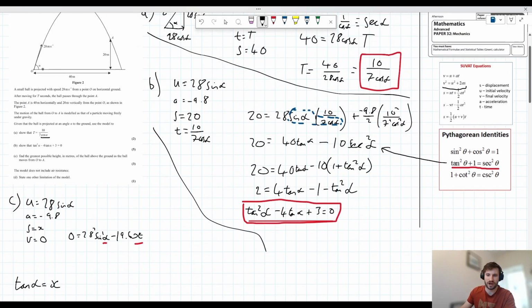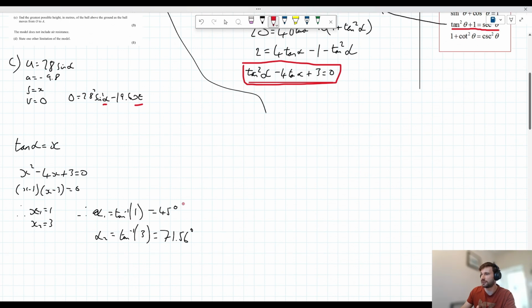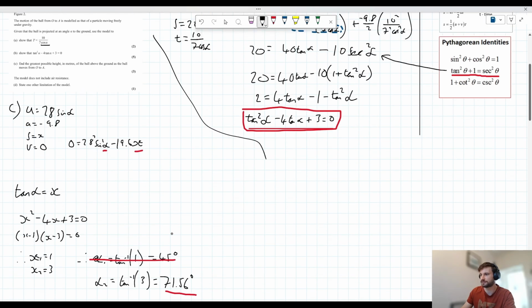Okay, so we can assume, seemingly by looking at the graph, we know that that's not a 45-degree angle, right? So I'm going to rule out that alpha is 45 degrees here, and we're going to take this 71.56 value. We can then substitute that in for alpha here. So let's rearrange this as well.